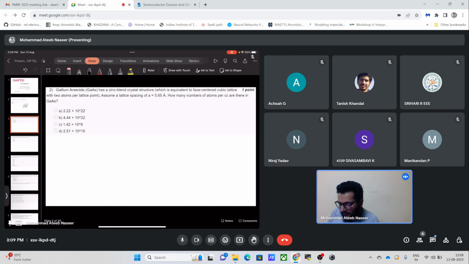We did one problem for silicon in that FCC kind of structure, where we were required to find the atomic densities, the number of atoms per unit volume. Now in this case, we have two different atoms forming a zinc blende crystal structure.